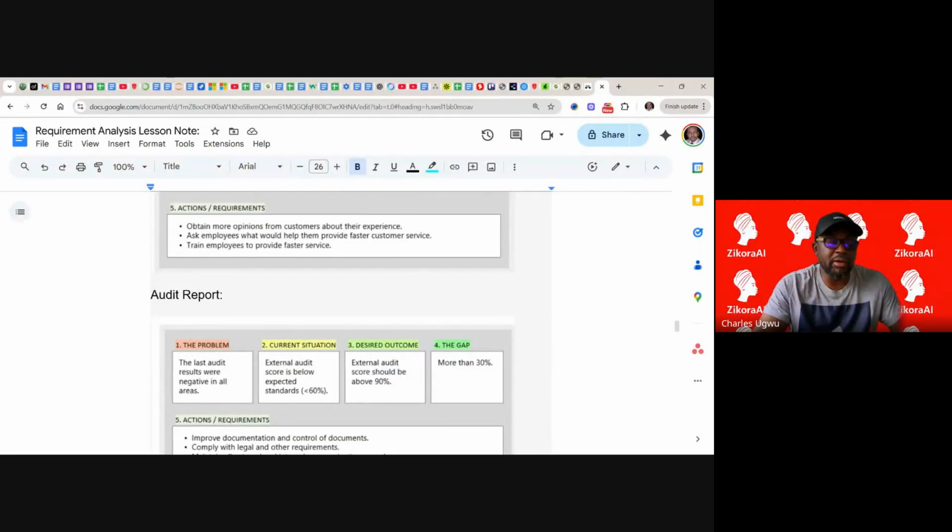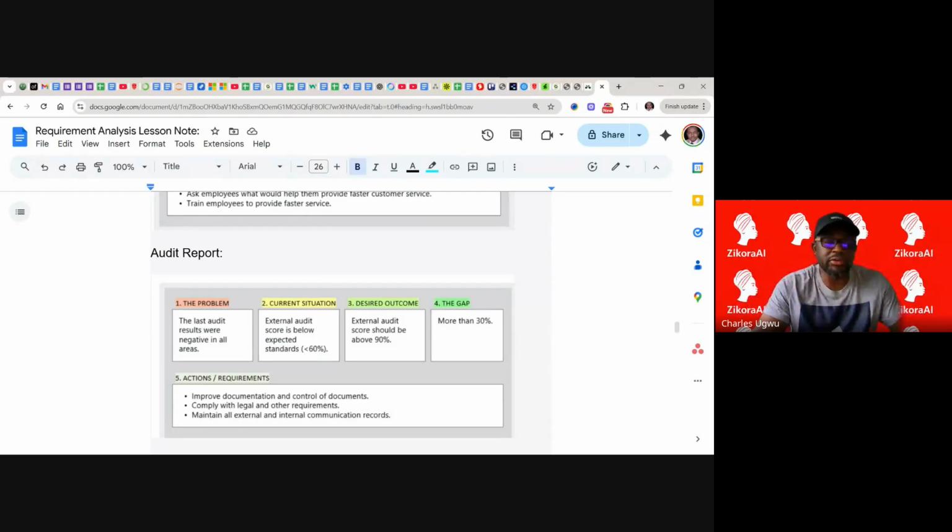Another gap here we see is the audit report. In this situation, the current audit, external auditors are scoring the company 60%.